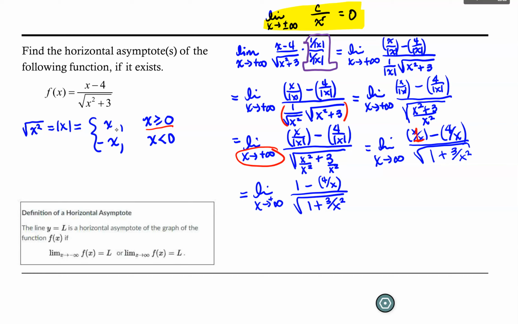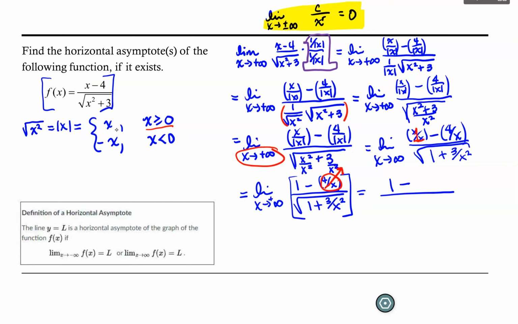Now, as x goes to positive infinity, this function we've just created behaves the same as our original function. They have the same behavior, so the limit as x goes to positive infinity of 1 is 1, minus the limit as x goes to positive infinity of 4 over x.